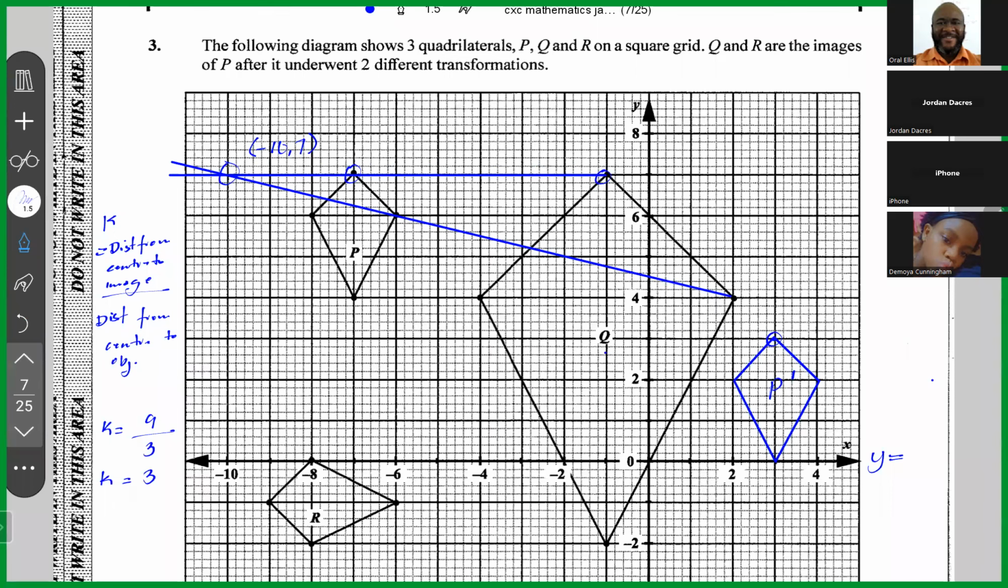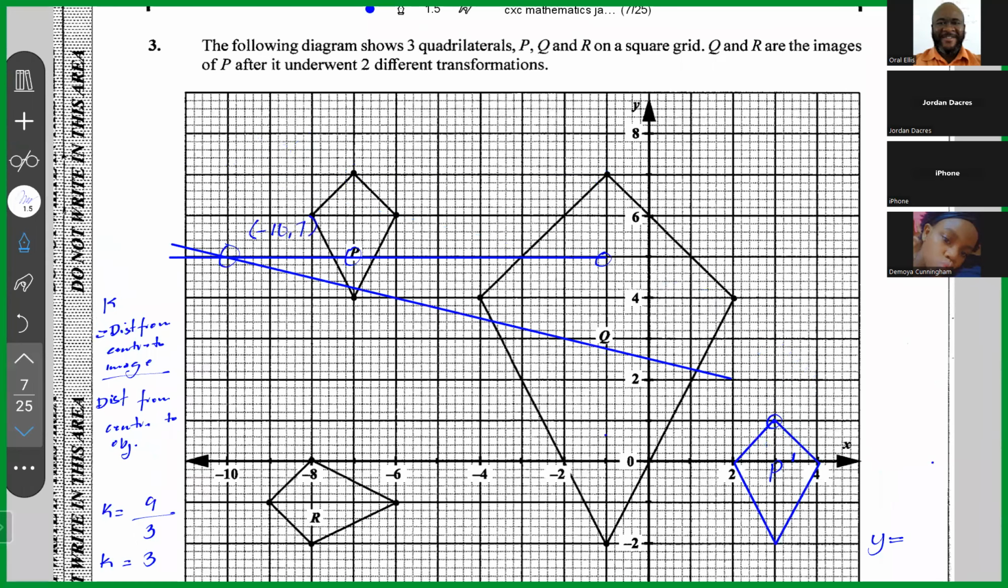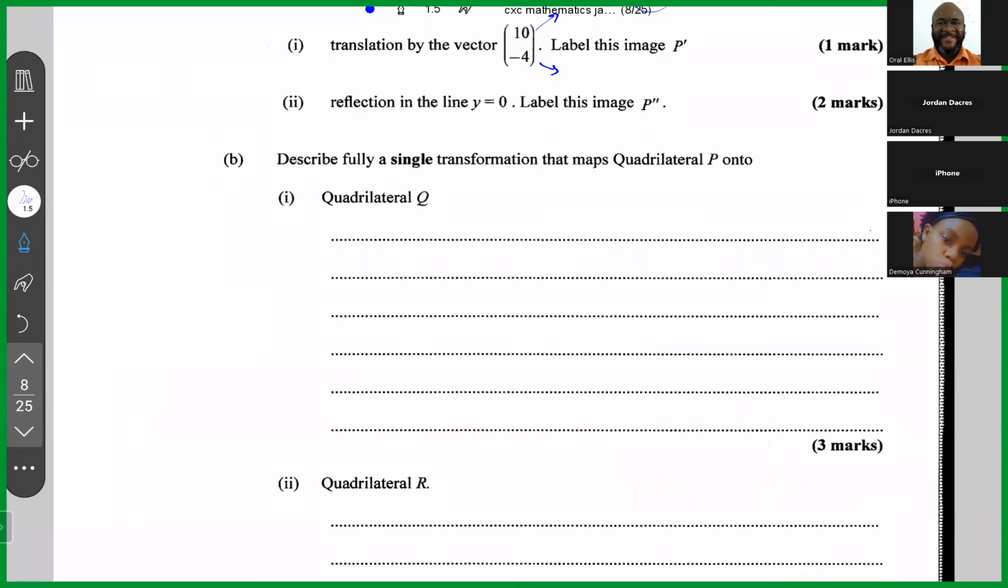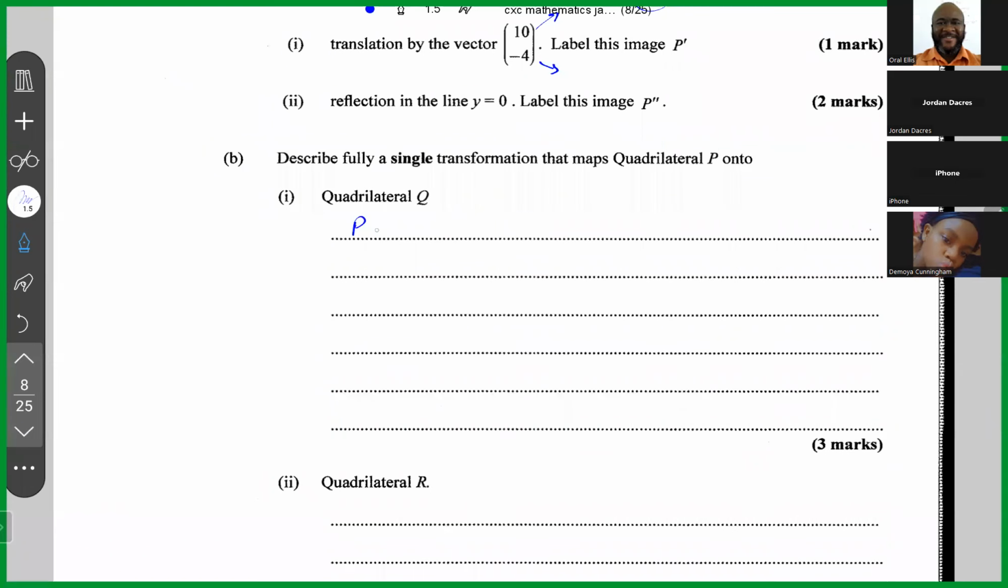So if you're going to describe an enlargement, you need two things. You need the center of enlargement and you need the scale factor K. So then I would say P is mapped to Q by an enlargement.